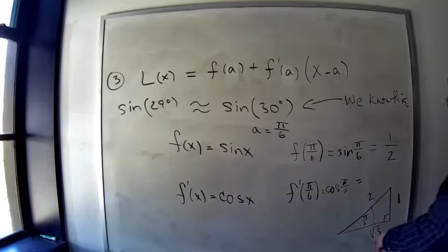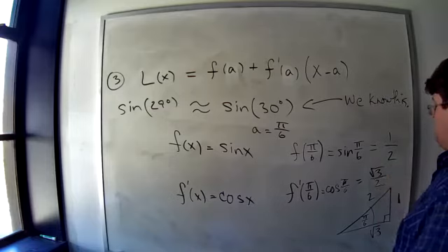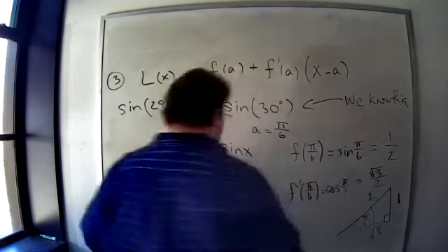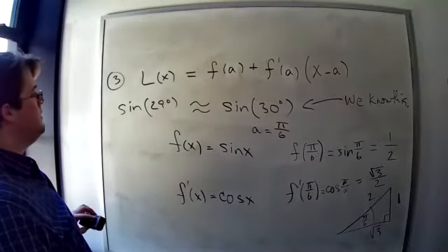Cosine is what? Adjacent over hypotenuse. So we have f of pi over 6 and f prime of pi over 6. And we can use this to find our approximation. Any questions so far about this?